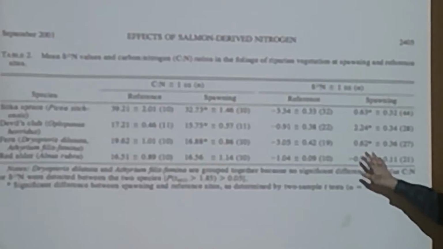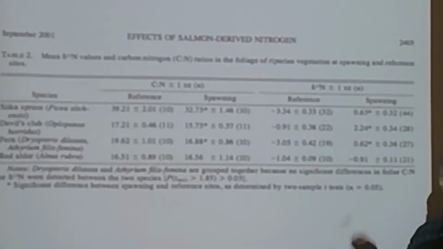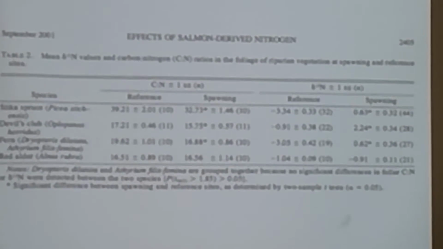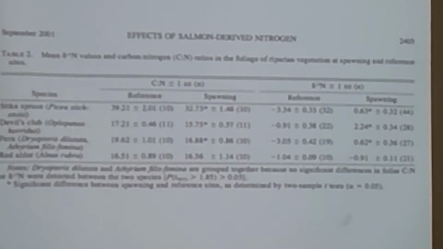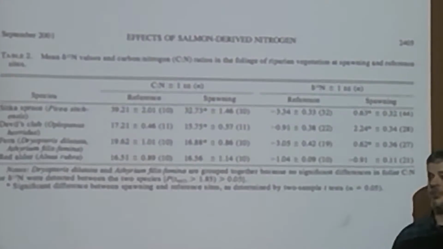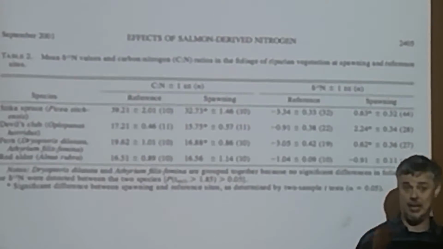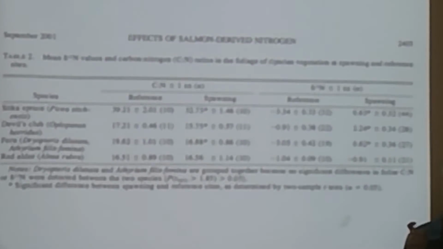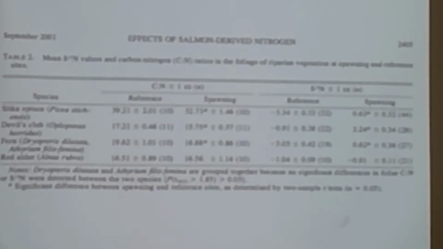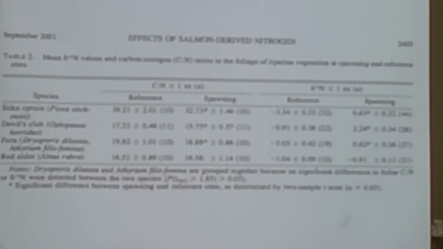So when people report data on nitrogen or carbon isotopes, the way these values are calculated is they calculate the ratio of the isotope to a standard divided through by the standard. And so you end up with something that's going to be less than or more than the standard.